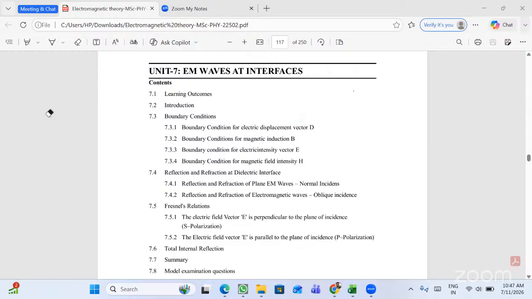These boundary conditions are very important. Any one of them might be asked to derive in your examination.